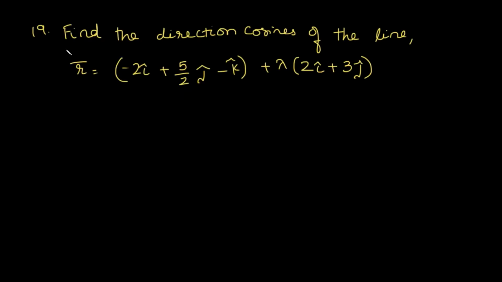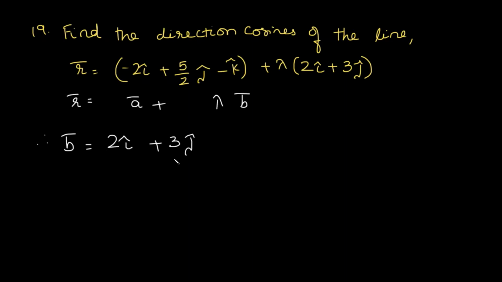The 19th sum: find the direction cosines of the line r is equal to -2i plus pi upon 2 j minus k plus lambda into 2i plus 3j. Now compare this equation to r is equal to a plus lambda b. So from here we get the value for b. Therefore the vector b, which is parallel to the line, is given as 2i plus 3j.